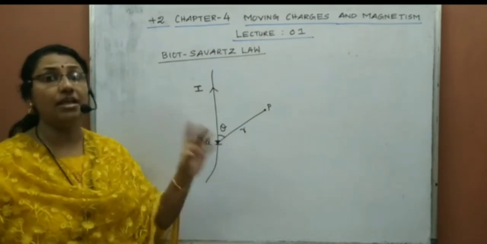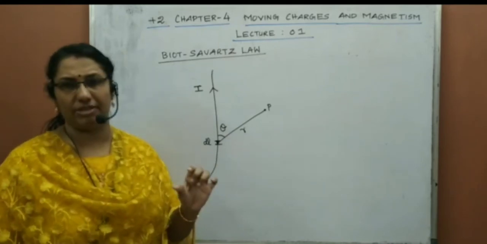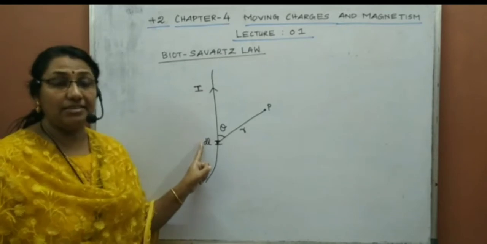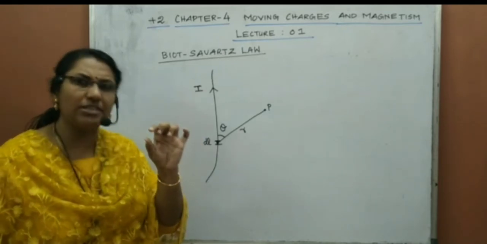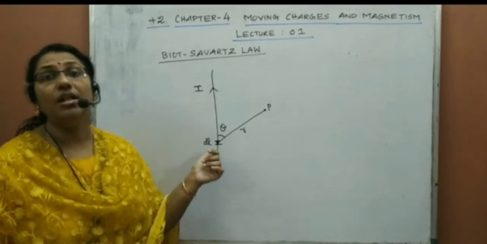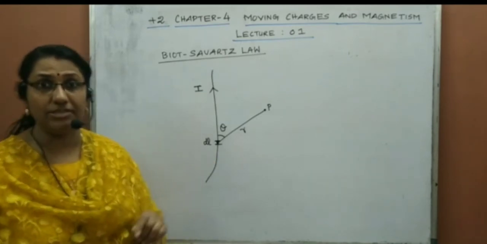Biot and Savart discussed the magnetic field produced by a very small segment, not the total current carrying conductor, but a very small current carrying segment.